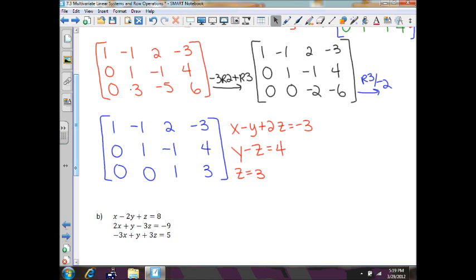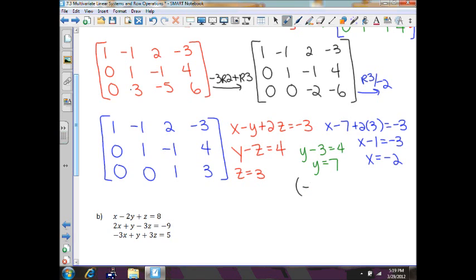This should be nice and easy. So y minus 3 equals 4, which means y will equal 7. And in the top equation, x minus 7 plus 2 times 3 equals negative 3. Negative 7 plus 6 is negative 1, which means x will equal negative 2. So our answer to this system is negative 2, 7, 3.